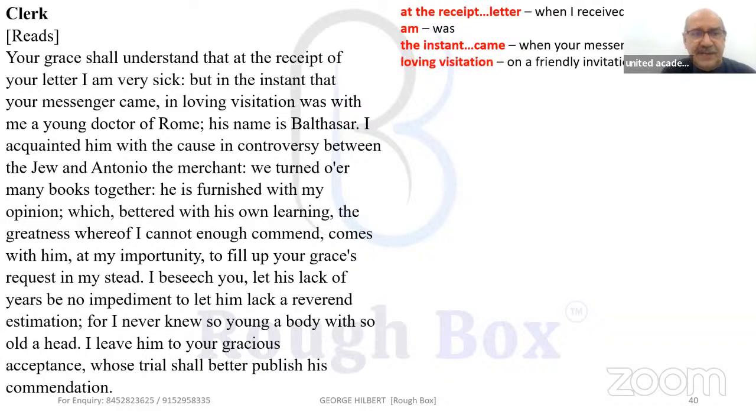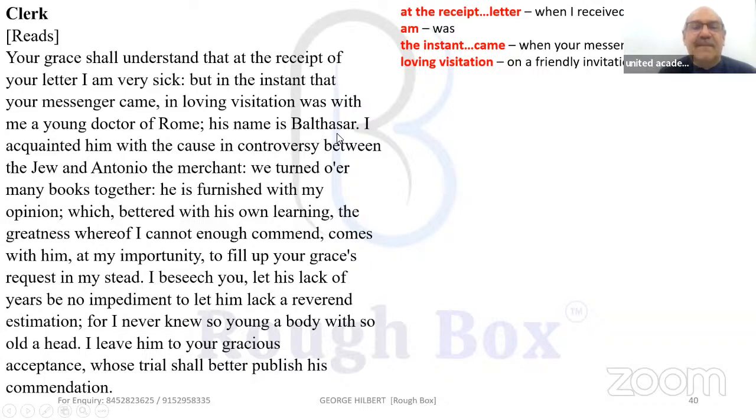But in the instant that your messenger came, the moment your messenger came with a message from you calling me to Venice to preside over this case, at that time, in loving visitation was with me a young doctor of law from Rome. On a friendly visit to me was a young doctor of law from Rome.